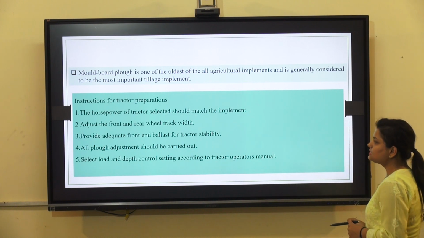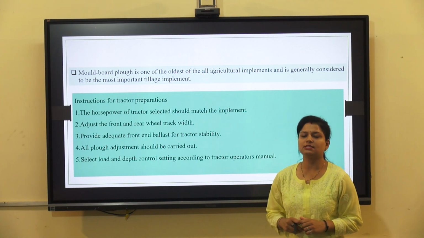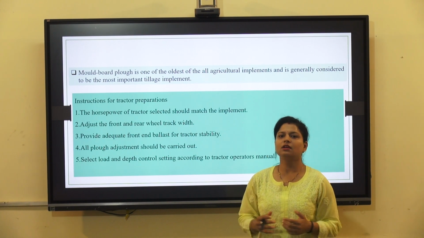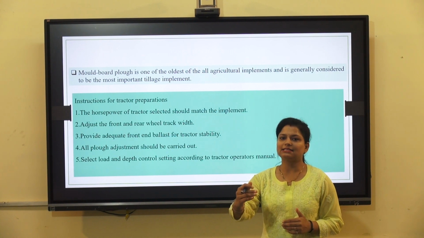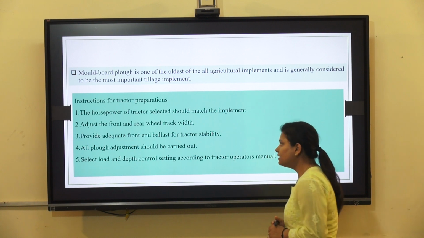Second one is to adjust the front or rear wheel track width. Yes, we have to adjust our wheel track and wheel width. What is wheel track and wheel width? Simply, the distance between the front axle wheel and the rear axle wheel is known as wheel width.